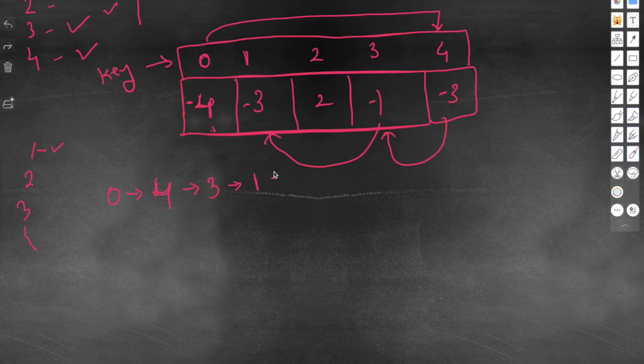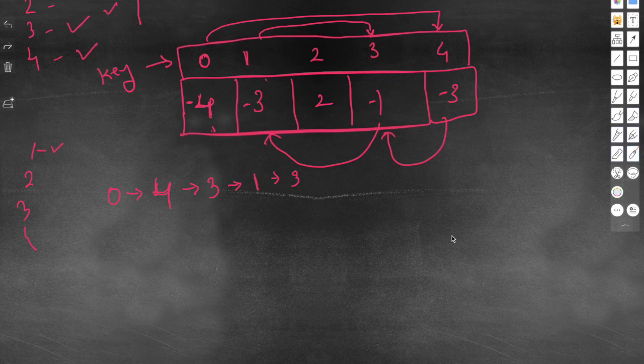The next index we are going to traverse is 3. Fine. Now I went to 3. When I went to 3, I saw the value is negative. Negative means 3 has been already visited in the past, correct?